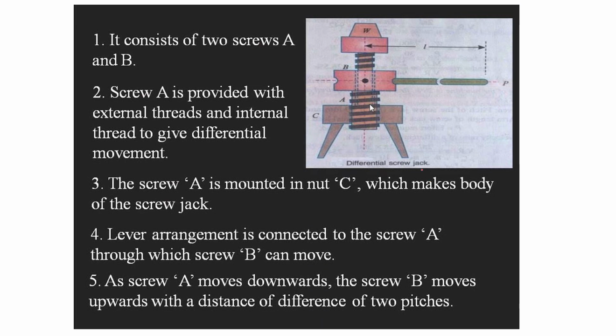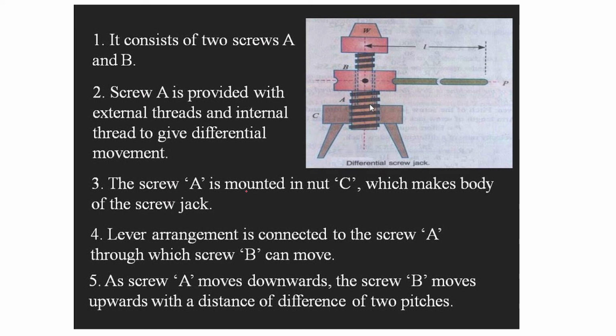So it consists of two screws. Here is the enlarged diagram I have taken from a book. In the differential screw jack, as we have seen, one screw B is inside the screw A. So it consists of two screws A and B. Screw A is provided with external threads and internal thread to give the differential movement.